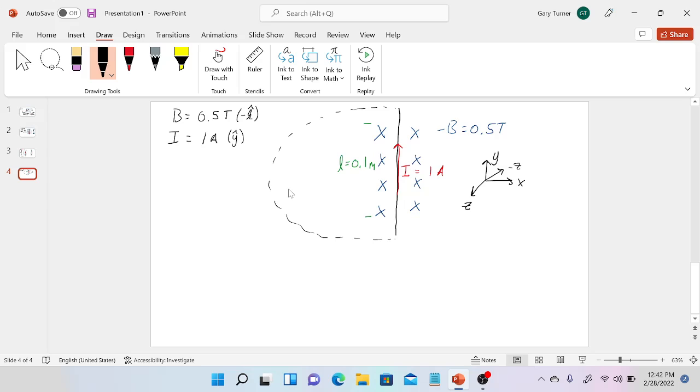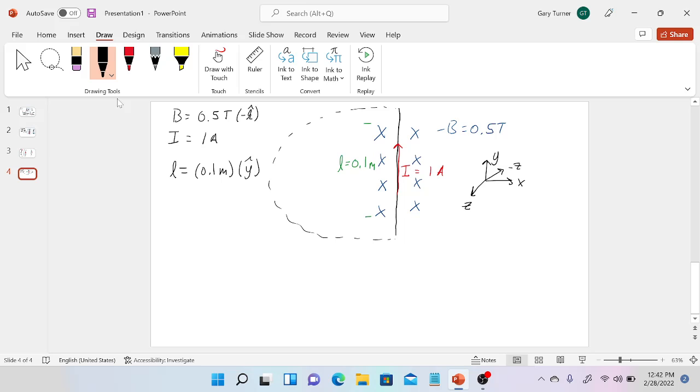Now, once again, remember that the current itself is not a vector, but the length that we're going to use is going to be a vector. So this is going to be 0.1 meters in the y hat direction. Okay, same direction that the current is flowing in that region. So this is what we have.